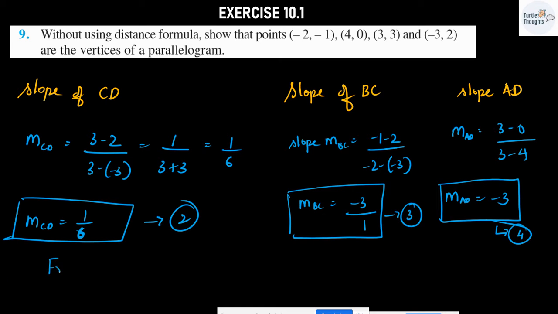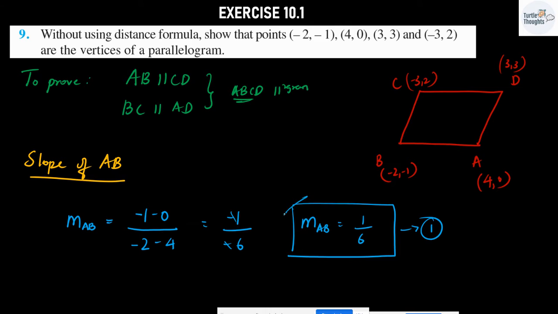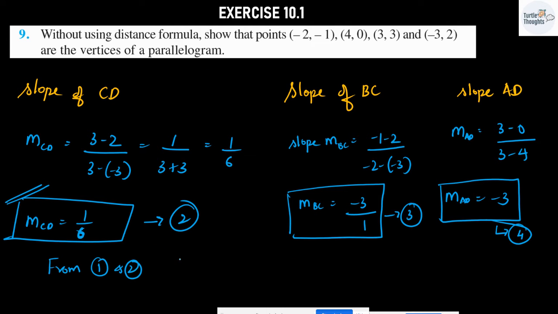So from 1 and 2, I can tell that the slope of line CD and slope of line AB both are equal. So can I tell that both will be parallel? AB is parallel to CD.